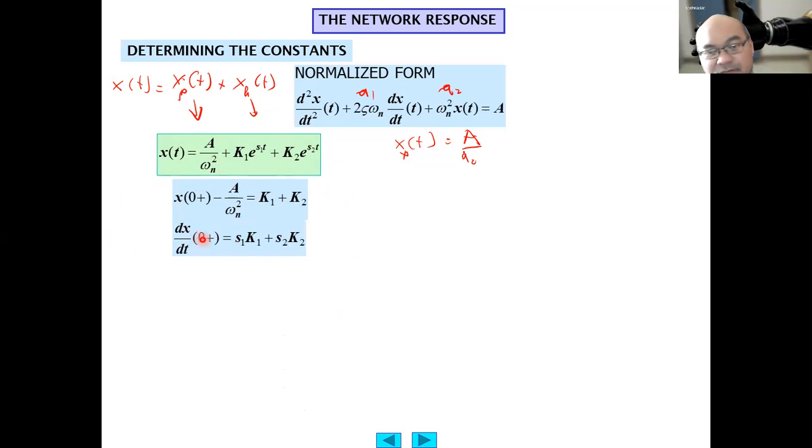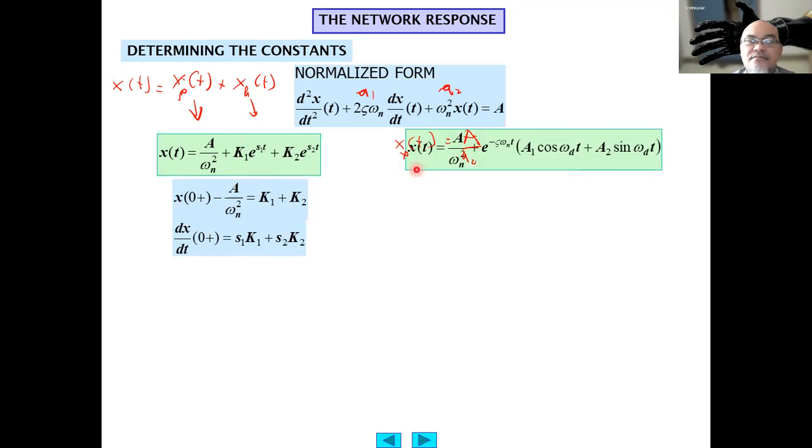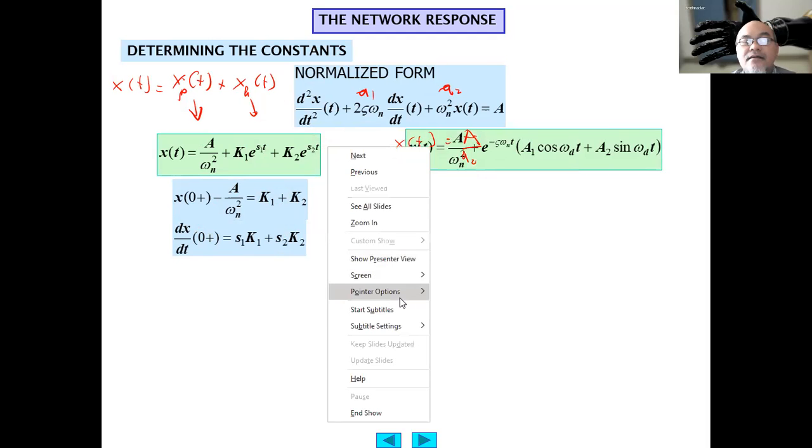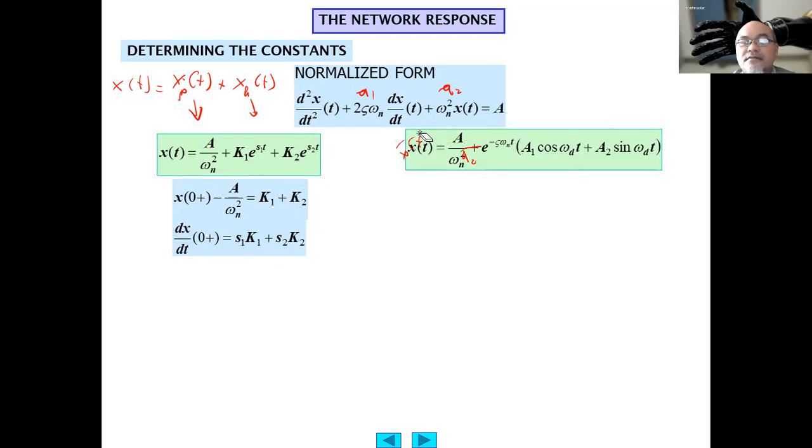For the first derivative, the initial condition equals, since the derivative of the constant is 0, s1 k1 e to the s1 t. Since it is at 0, the value will be 1, so it equals s1 k1 plus s2 k2. I have to erase this also.